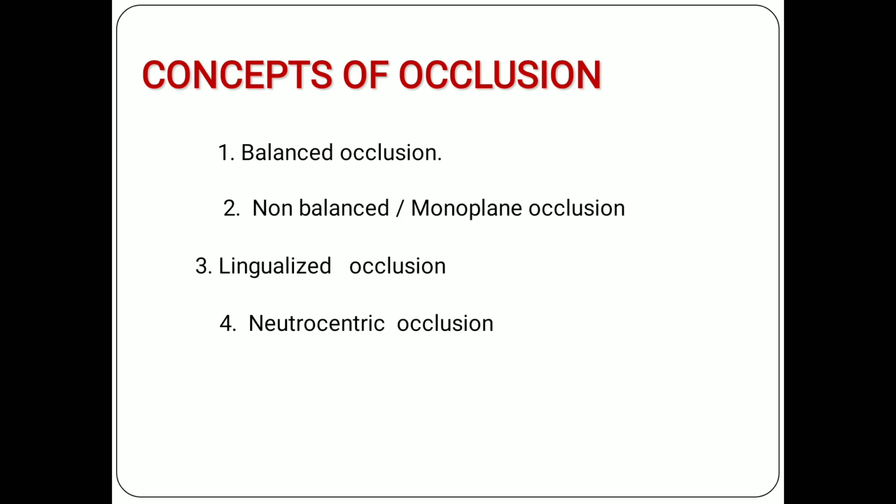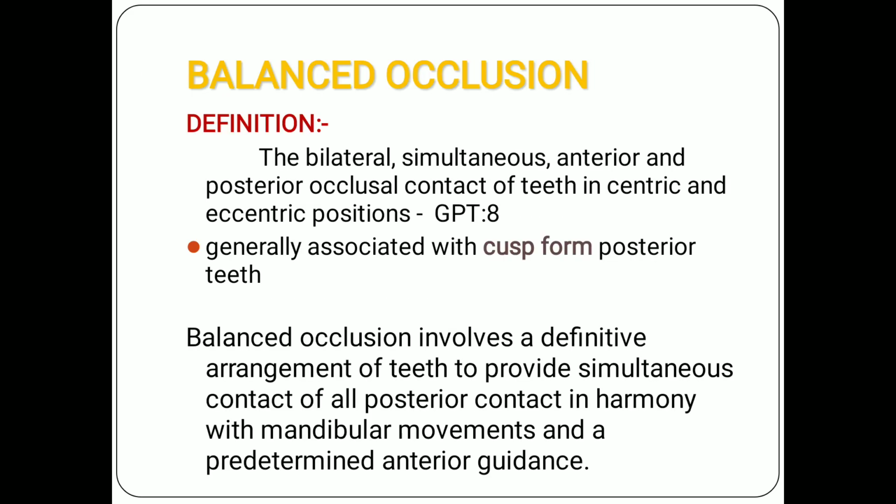You might know about different types of articulators: 3-point articulators, Hanau articulators, that is semi-adjustable articulators, and fully adjustable articulators. In semi-adjustable and fully adjustable articulators, we are going to give balanced occlusion, right? So what is balanced occlusion and the other types, including non-balanced or monoplane occlusion, lingualized occlusion, neutrocentric occlusion? Just we will observe a few points.